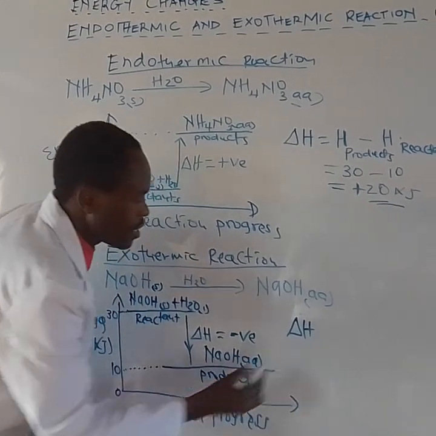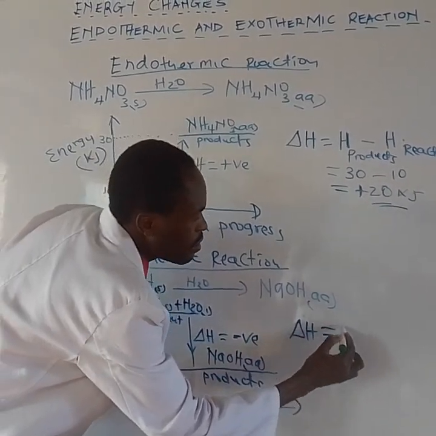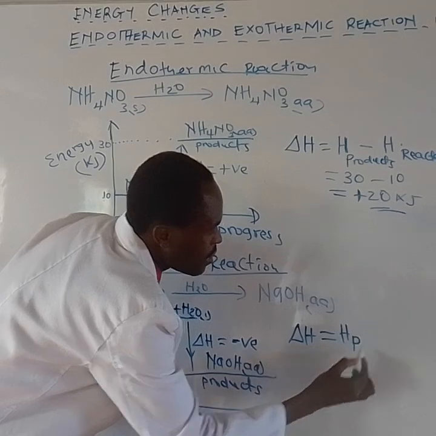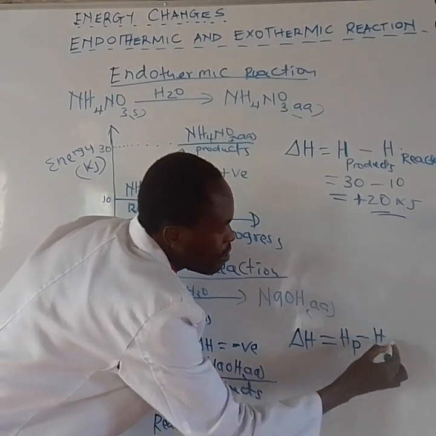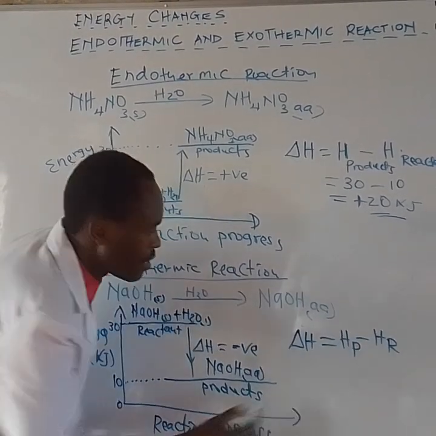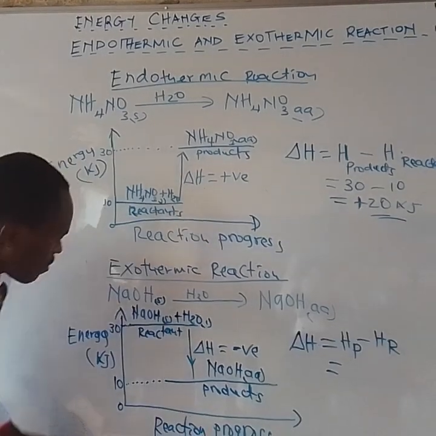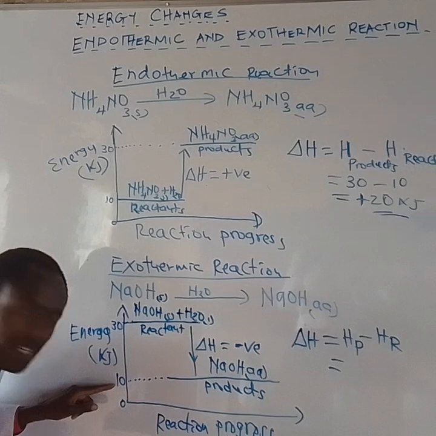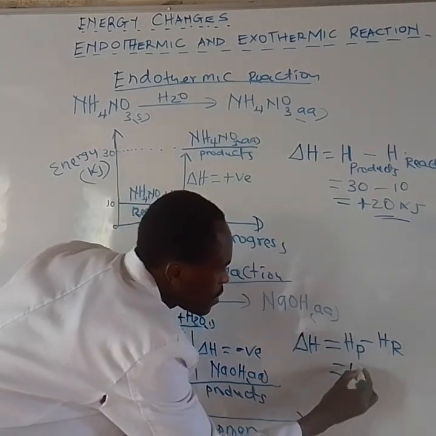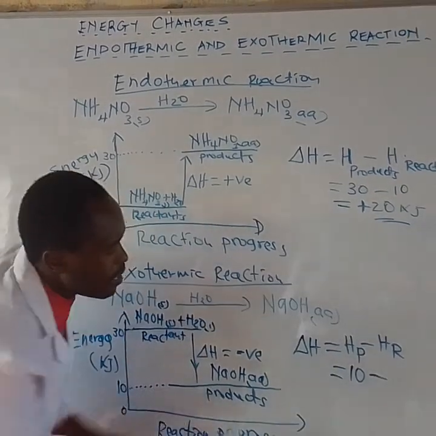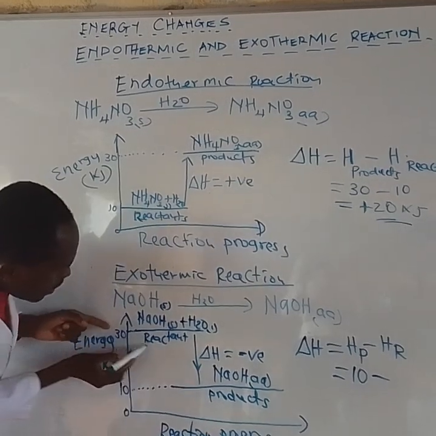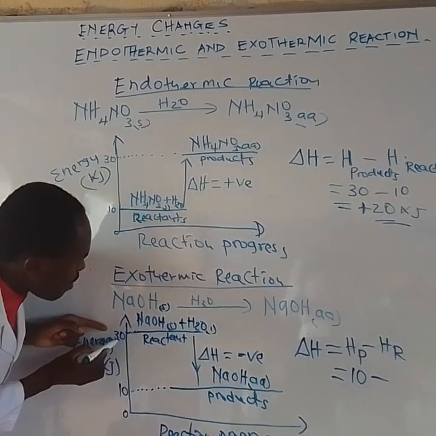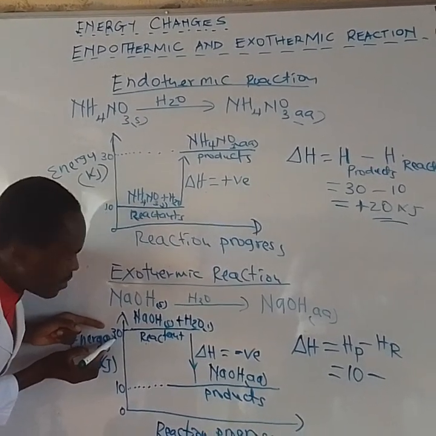So if you calculate heat change or enthalpy change, it is given by heat of the product minus heat of the reactants, isn't it? The products are down here, 10 kilojoules for example, minus heat of the reactants. The reactants are up here, they have 30 kilojoules.